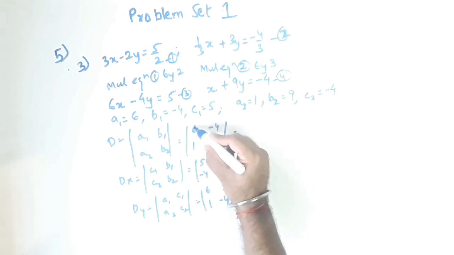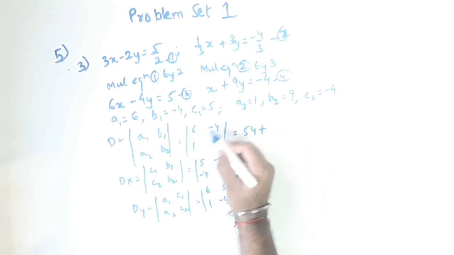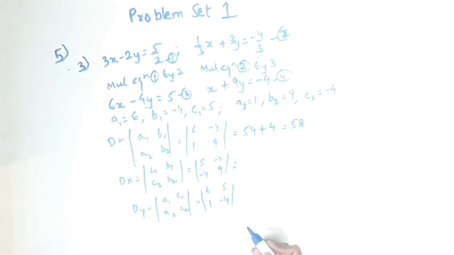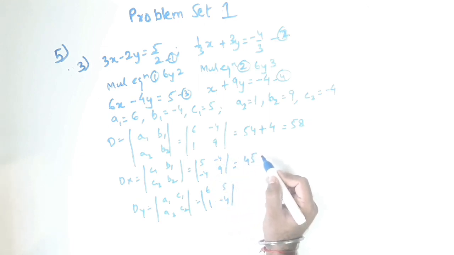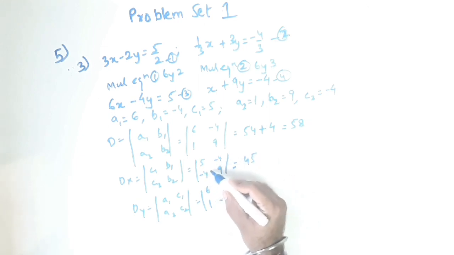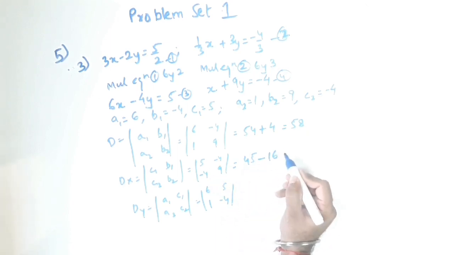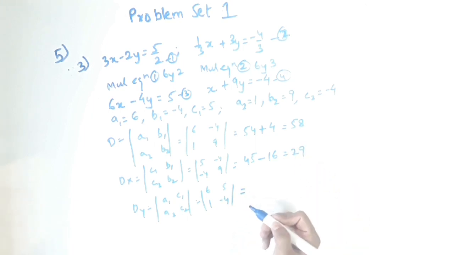Then 6 9s is 54, minus minus becomes plus, 4 1s is 4, so this becomes 58. 9 5s is 45, minus, and here minus for the formula, 4 4s is 16. What is 45 minus 16? It is 29.